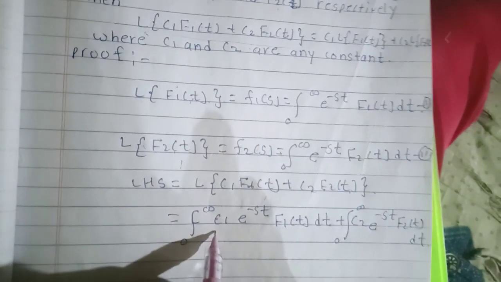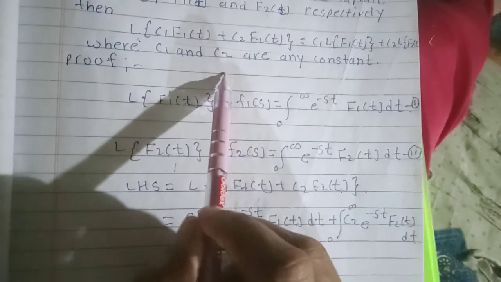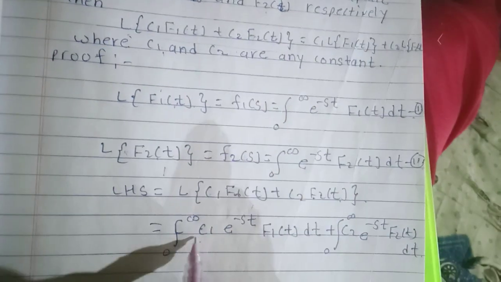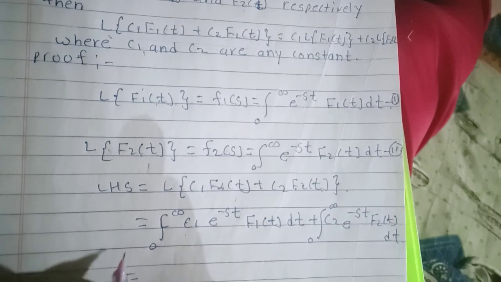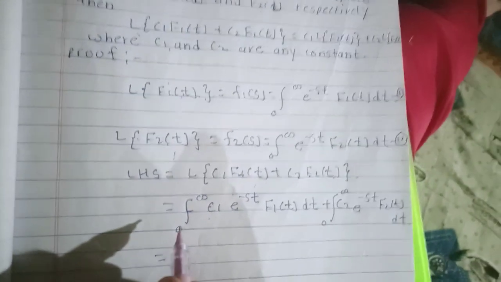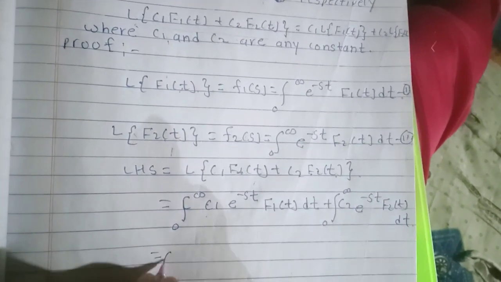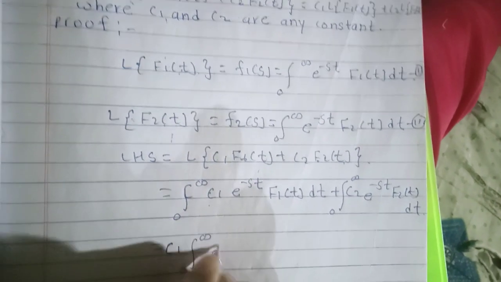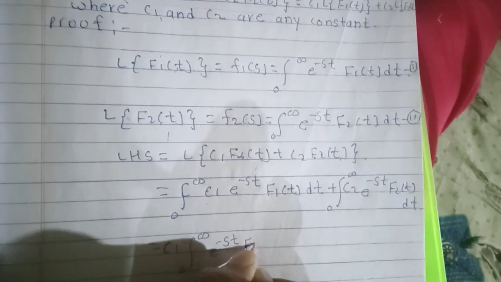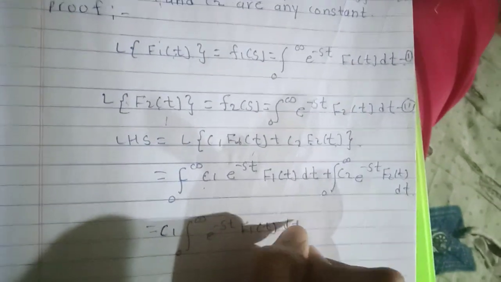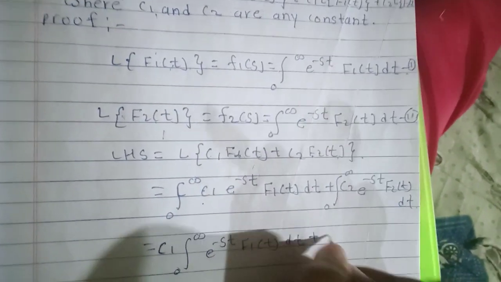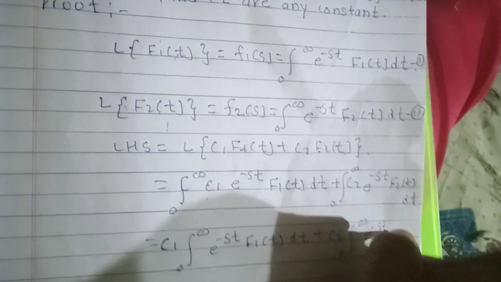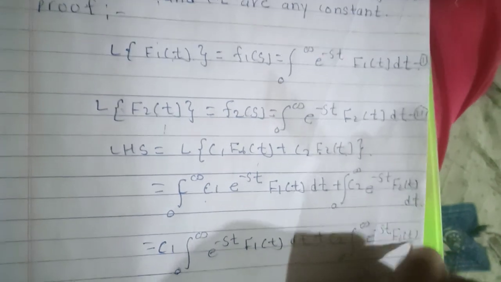But here it is given that c1 and c2 are constants. So we know the properties of integration: constants can be taken outside the integration. So c1 integration 0 to infinity e raised to minus st f1 of t dt plus c2 integration 0 to infinity e raised to minus st f2 of t dt.